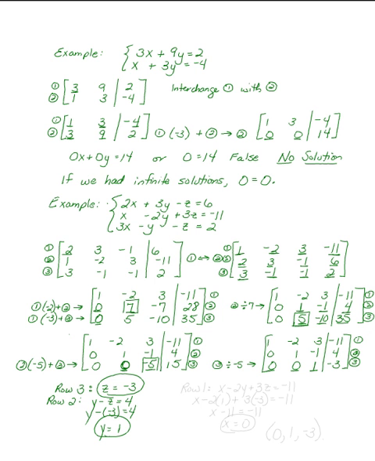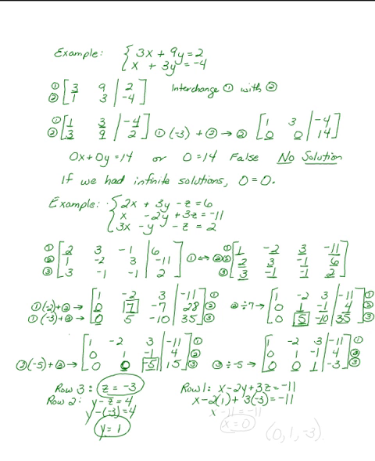And if we go back to row 1, it tells us that x minus 2y plus 3z is equal to -11. That gives us x minus 2 times y, which we just found was 1, plus 3 times z, which we found was -3, has to be equal to -11.